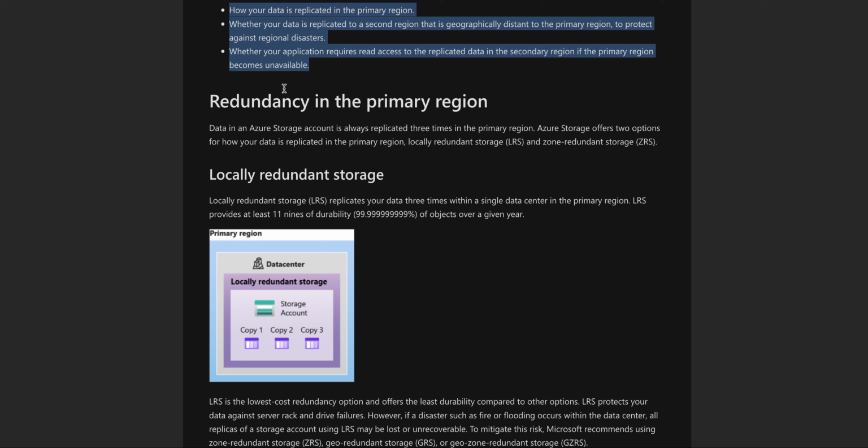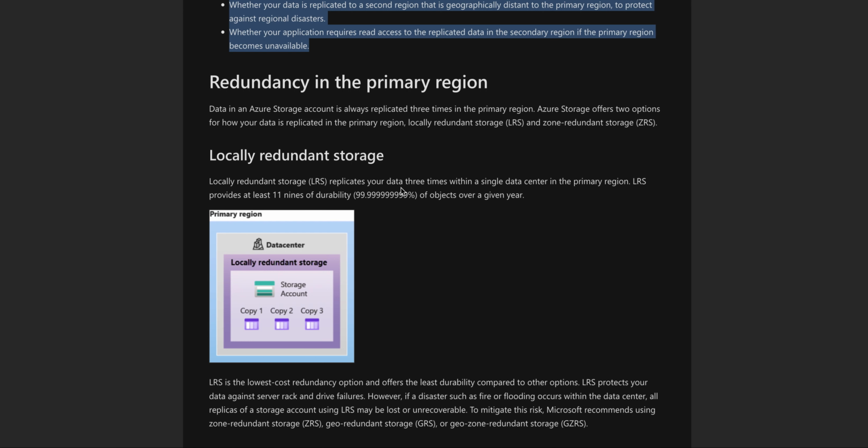And the other thing to note would be if it's geographically distant, right? It should not be like you have a primary region and within, just giving an example, if the second region is like 50 miles away, so it's not exactly geographically distant, right?